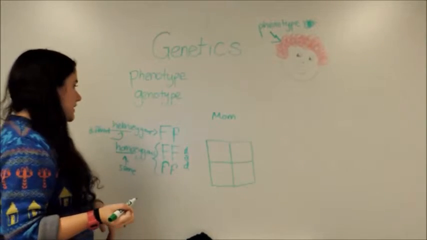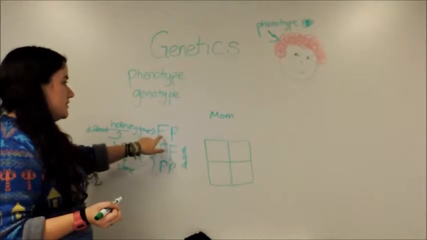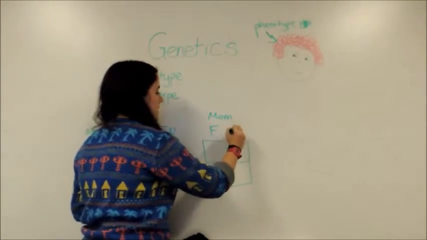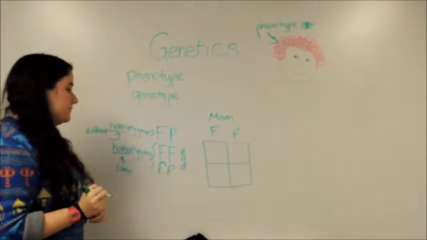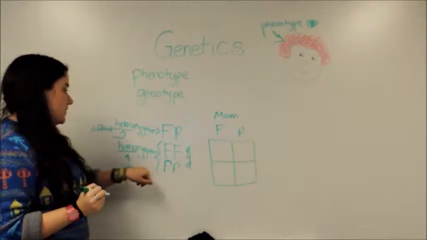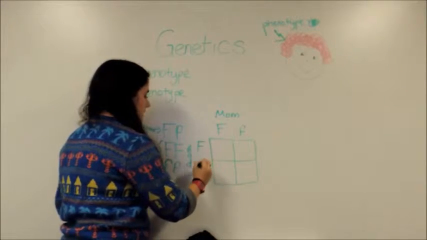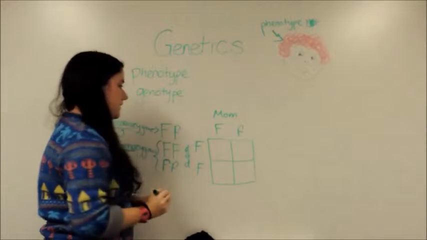So say the mom is heterozygous, so she's got a big F and a little f. We're going to put the big F here and the little f there. And say the dad is homozygous and he's got two big F's. We're going to put a big F here and a big F here.